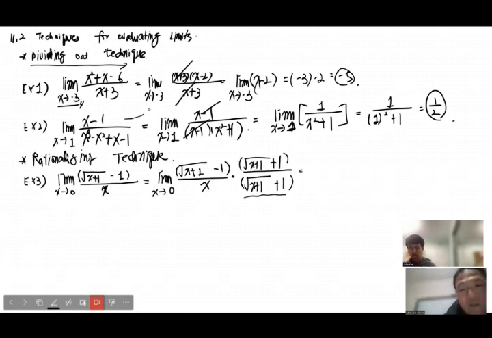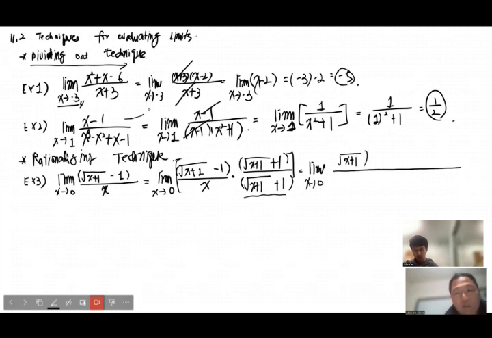By multiplying the same conjugate term in the numerator and denominator, the limit as x goes to 0 has numerator (square root of x + 1) squared minus 1 squared, and denominator x times (square root of x + 1 plus 1).